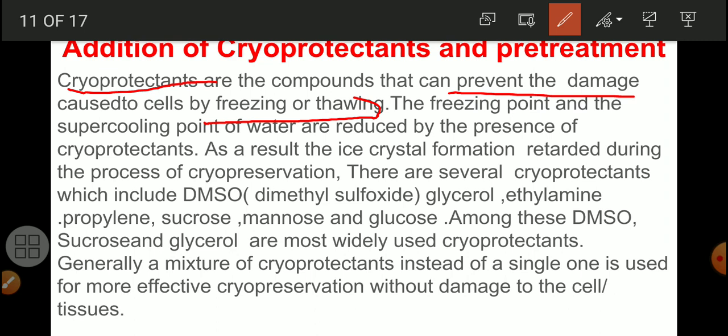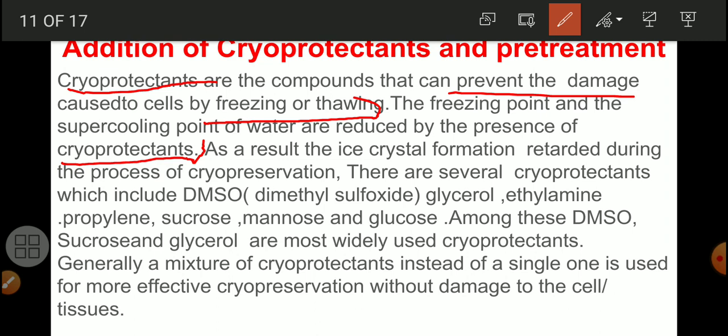The freezing point and the supercooling point of water are reduced by the presence of cryoprotectants. Again, you have to keep in mind the freezing point. We know that the frozen state is a cryopreservation methodology, and it is the most important stage. When we use such things, cryoprotectants help so that ice crystal formation is retarded during cryopreservation.